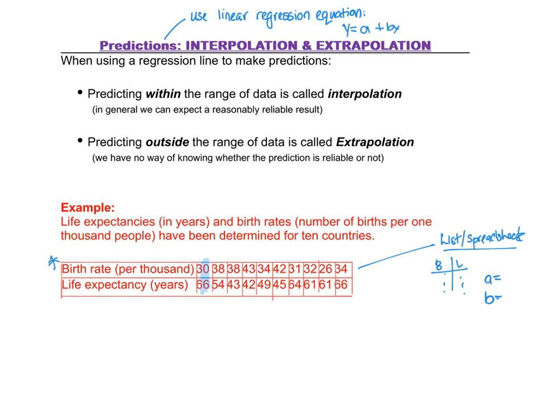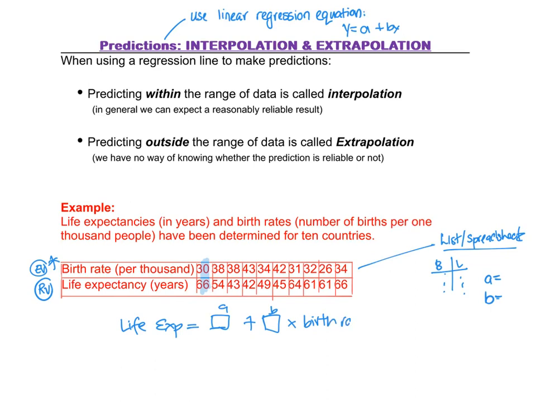With the birth rate per 1,000 and the life expectancy, the life expectancy will be the response variable and the birth rate would be the explanatory. So you would see a formula that predicts life expectancy. So we'd have A plus whatever we find B is times the birth rate.